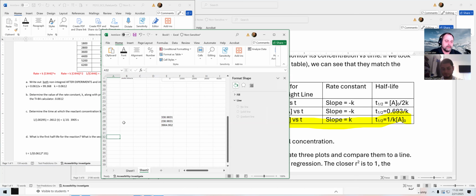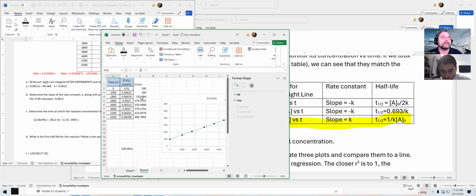So equals 1 divided by 0.0612 times 0.01. 1633 should be half of the concentration. Okay, and then we're going to double check our data and see if that makes any sense.